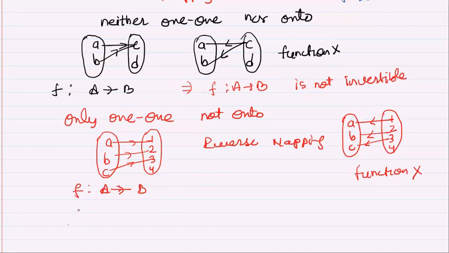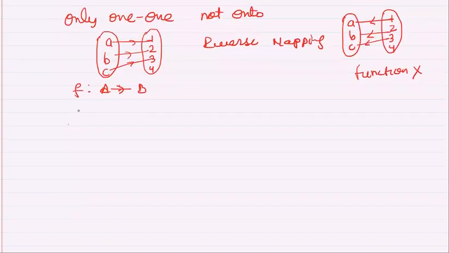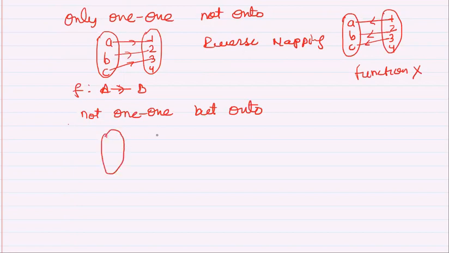In the same way, just make it not one-one but onto. So what will happen? Here a, b, and 1.